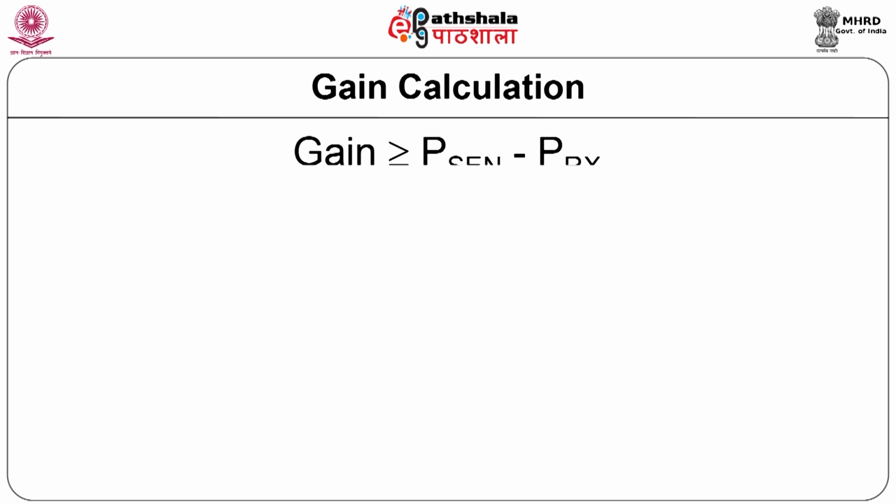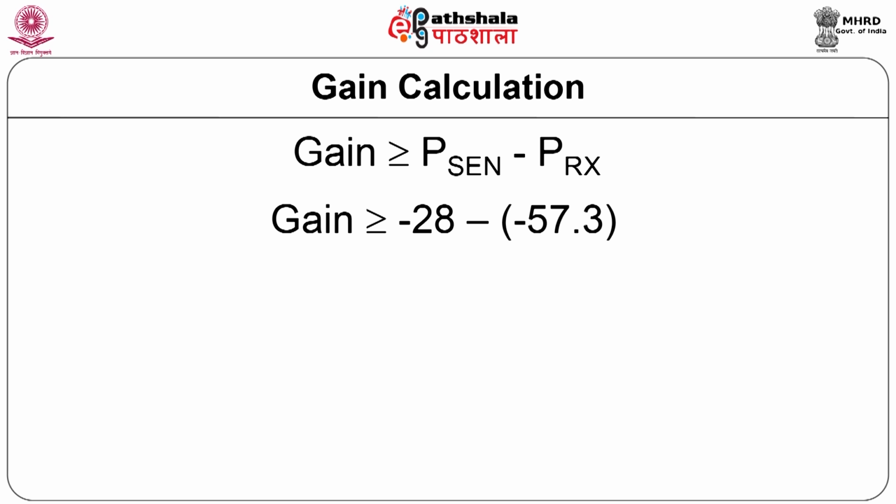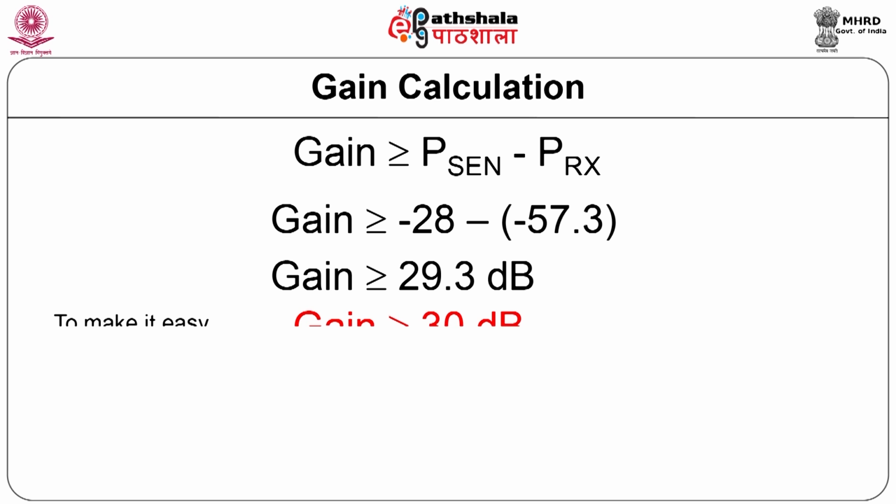This gain should be greater than or equal to P sense minus PRX, that is minus 28 minus minus 57.3. So, it should be greater than or equal to 29.3 dB. To make it easy, let us consider the gain should be greater than 30 dB.